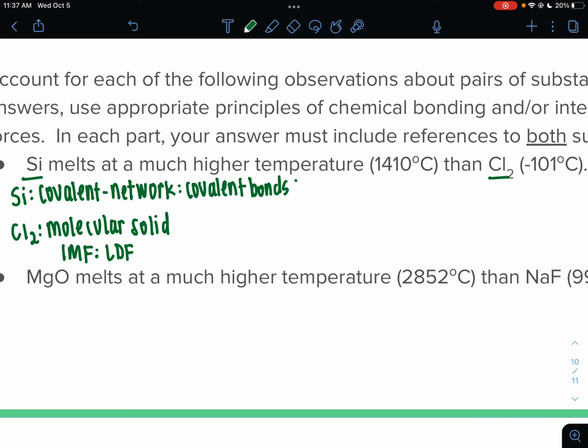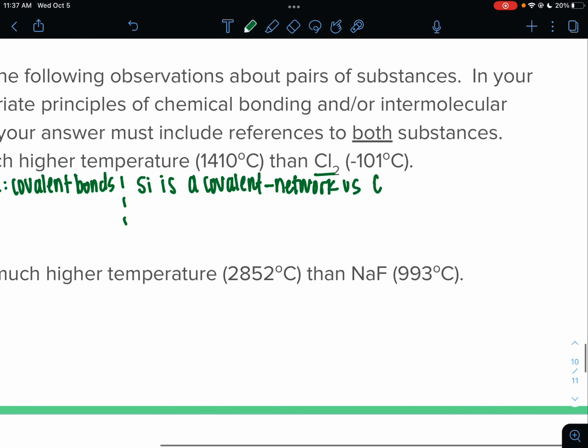All right, so in our answer, we would say, it's like all the info we need to be able to answer it. So in our answer, we would say Si is a covalent network versus Cl2 is molecular. Okay, so there's the difference. Why does that matter?